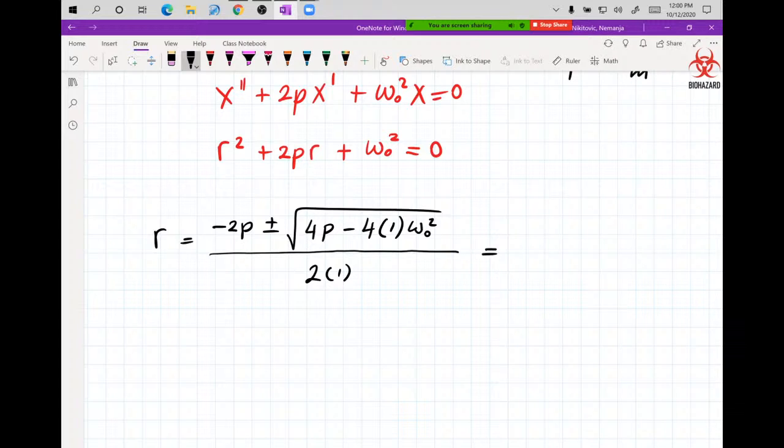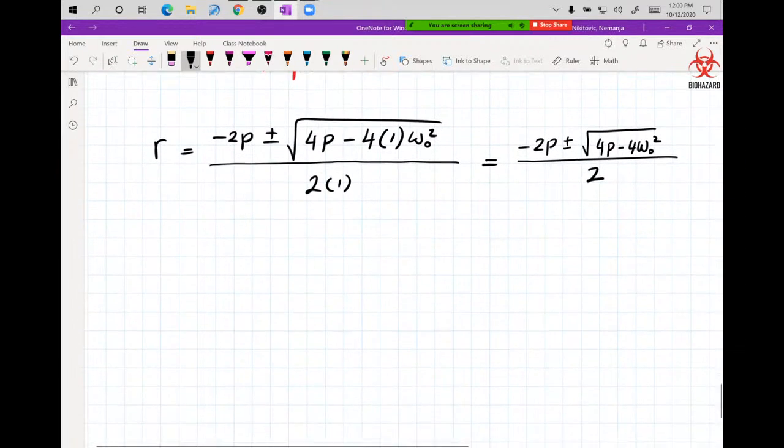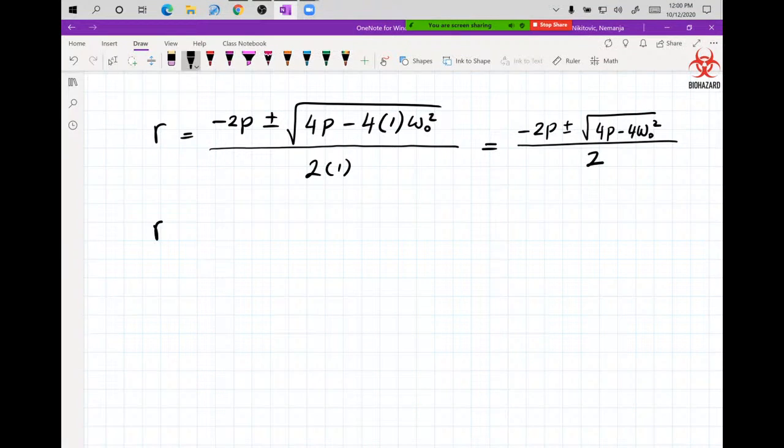We have negative 2p plus minus the square root of 4p squared minus 4 omega 0 squared, divided by 2. And hopefully now you see why we did what we did.